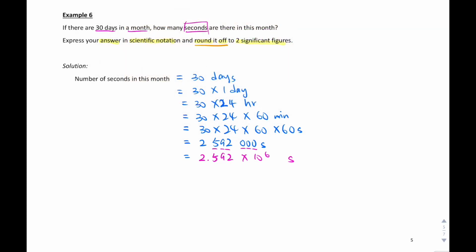And finally, you have to round off to 2 significant figures. So the two most significant figures are 2 and 5 in this case. So we have the answer. This is 2.5 plus 1, so rounded off it is 2.6 times 10 to the power of 6 seconds. And this is correct to 2 significant figures.